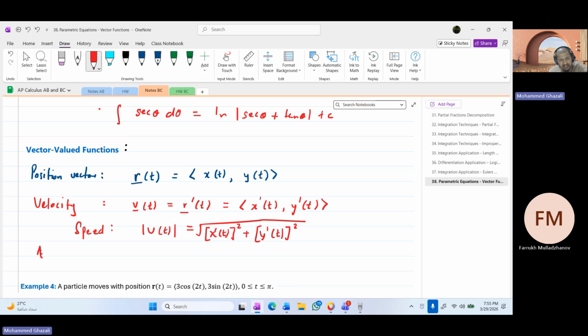Now, what's the acceleration? Acceleration is differentiating the velocity vector, right? Which is a of t, which is r double prime t, the same thing as saying v prime t, which is the same thing as saying x double prime t and y double prime t, right?